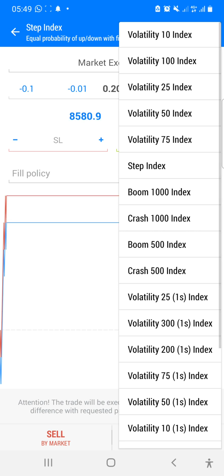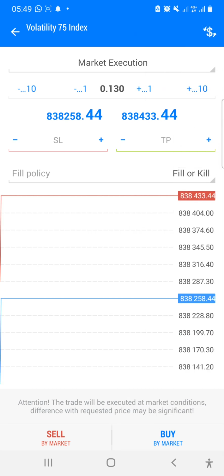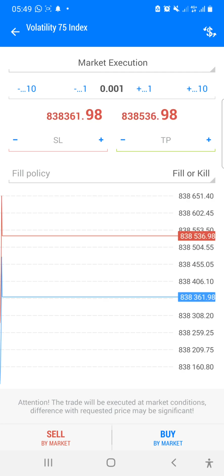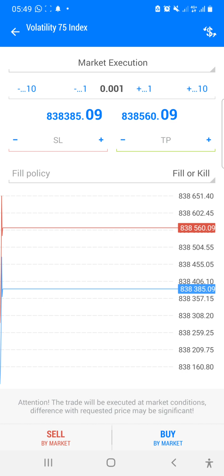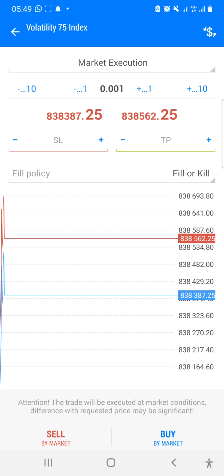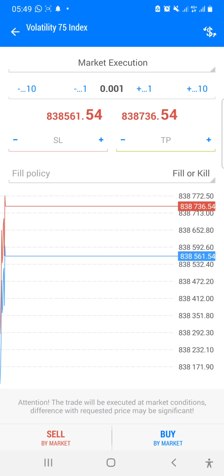Okay. Volatility 75. I must make mention of this one. The least lot is 0.001, even lower than the volatility 25, the 1x index.